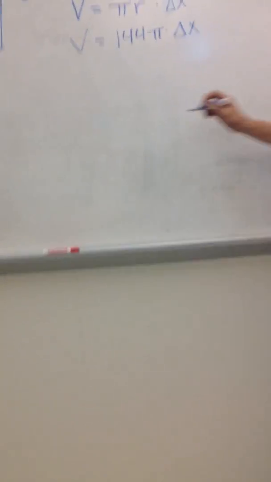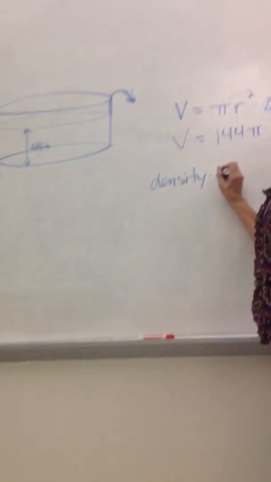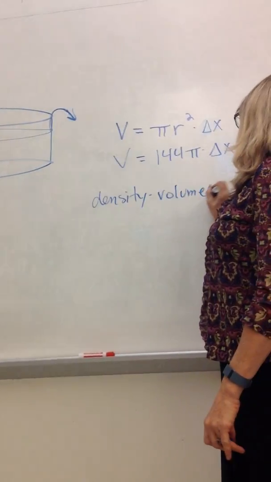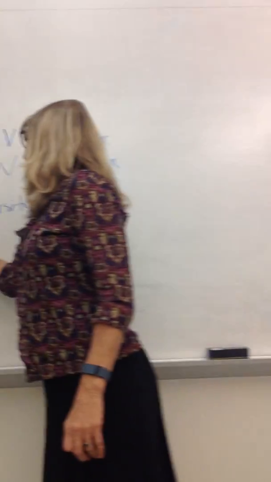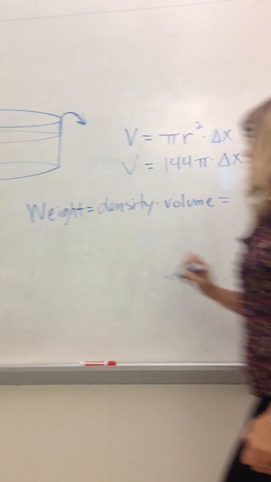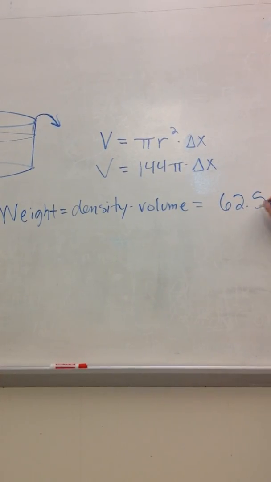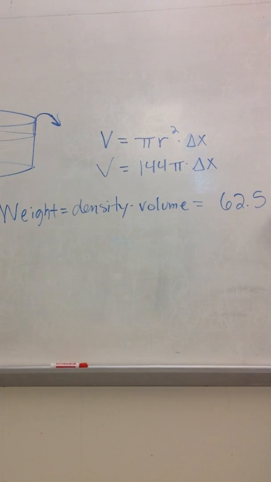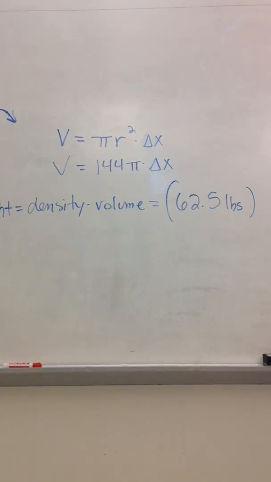And so the weight of the water is the density of the water times the volume of the water. And that's going to give us the weight. Weight is density times volume. So the density of water is 62.5 pounds per cubic foot. Okay, so we're working in feet.